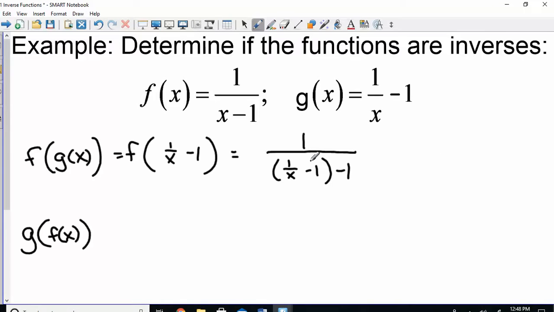When we do this, if I'm working with the denominator, you can combine like terms, so you get 1 over X minus 2.